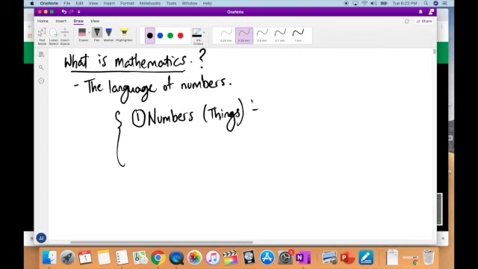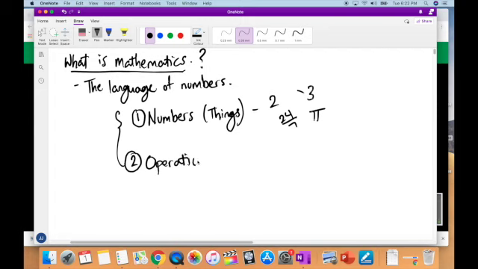All things in the universe are represented by numbers, or can be represented by numbers, whether you have this number or this number or this number. They're all numbers. And then the second thing in math are operations.